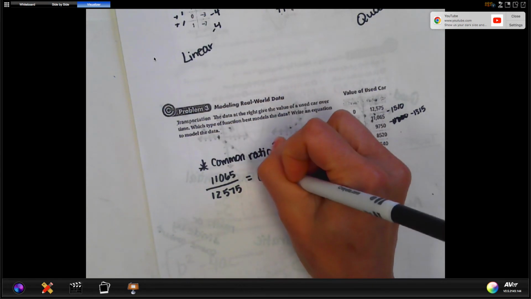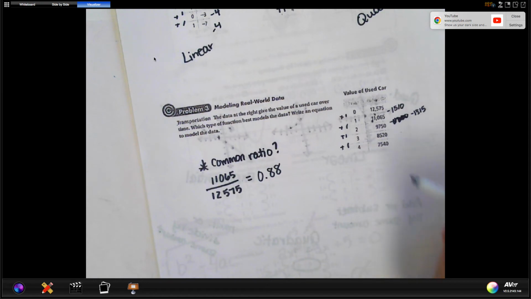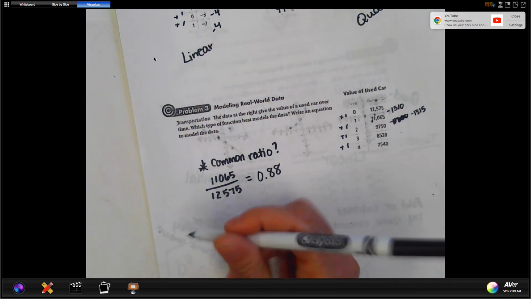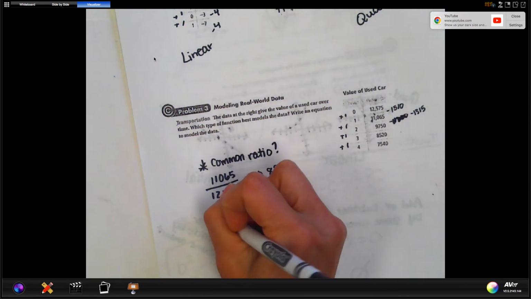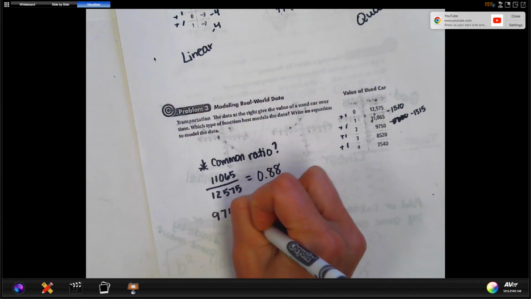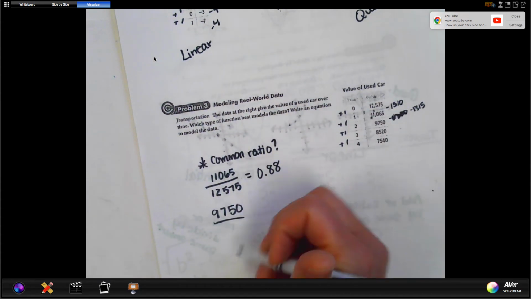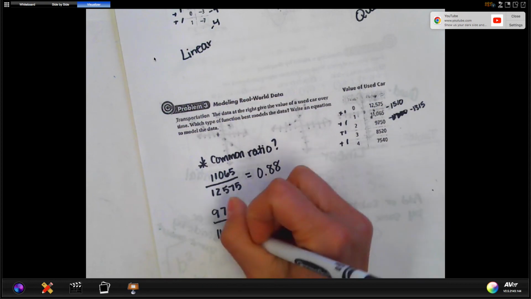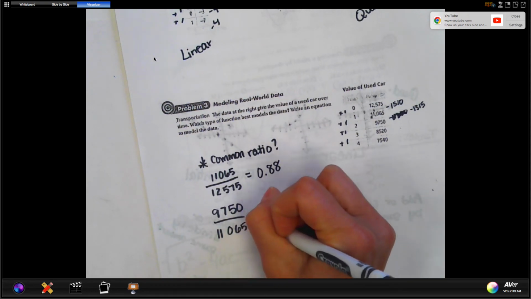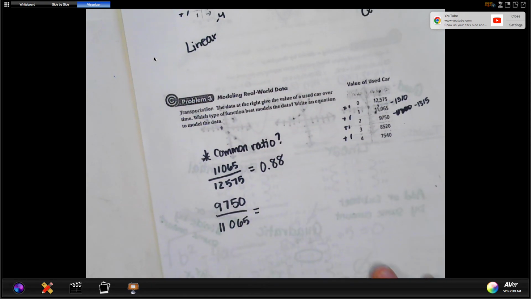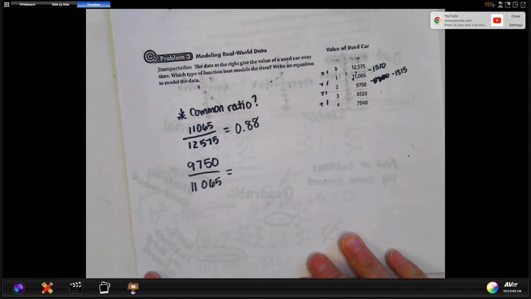So then we're going to check the next one. We'll take our next set, which would be 9,750, and we'll divide it by the one before it, 11,065, again to the nearest hundredth.